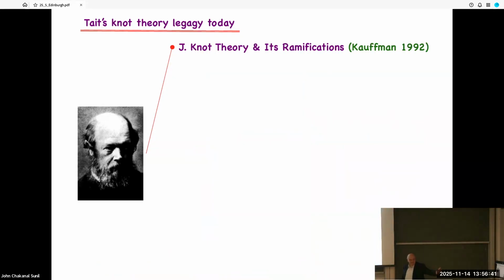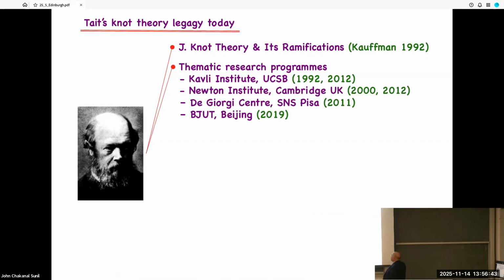I contributed a couple of papers in that, but thematic research programs, one in Kafli Institute back in 92 and then 2012. One I organized myself, Newton Institute, and the other Keith in 2012. One I organized, a big one, 6 months program at the Georgi Center in Scuola Normale when I moved to Italy. And then one I also contributed to organize in BJUT in Beijing.